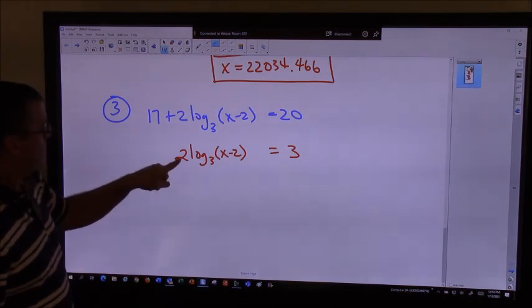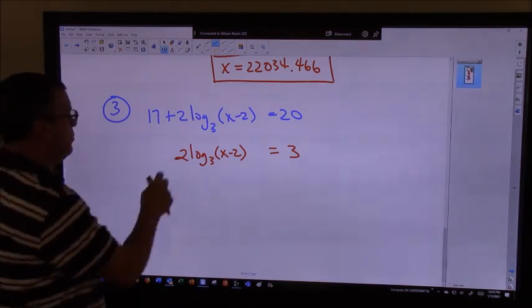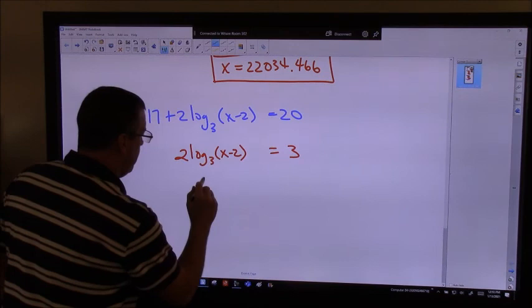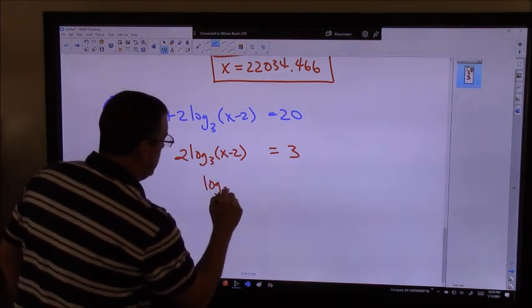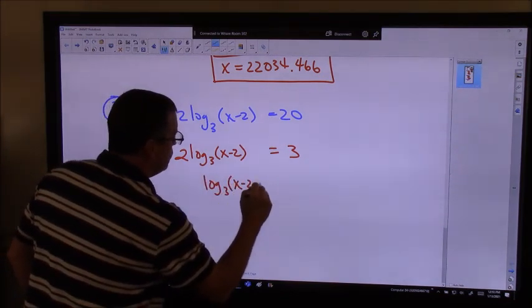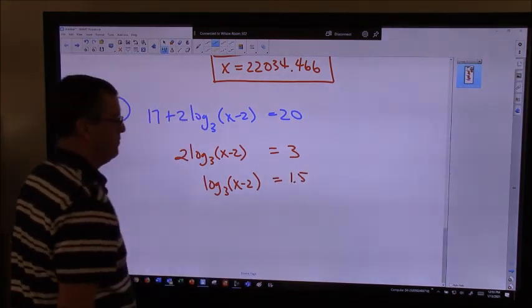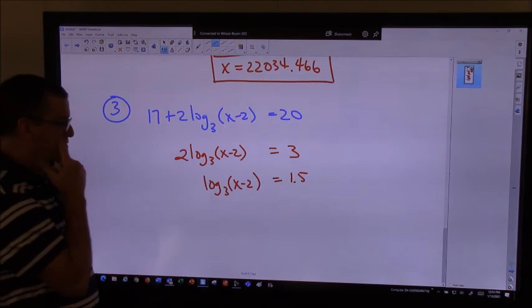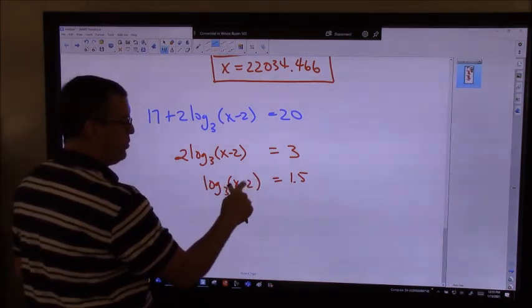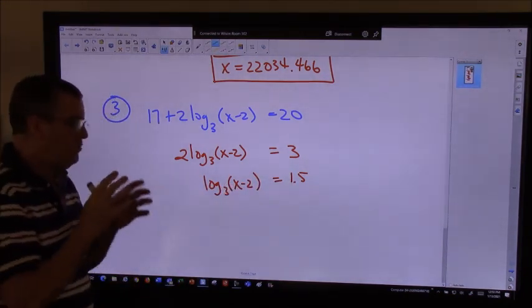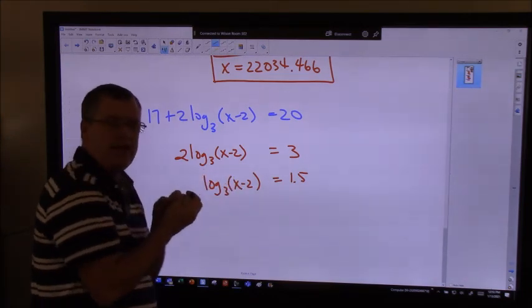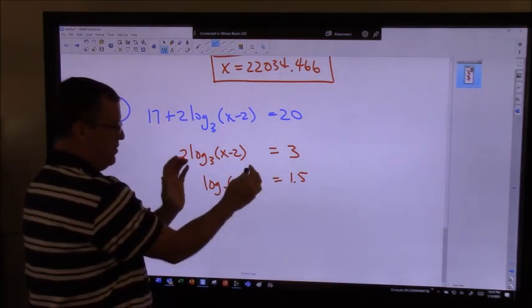All right, now I want to get rid of the 2. So I'm going to move it over and divide. So I now have log base 3 of x minus 2 equals 3/2, which is 1.5. Now I know sometimes people look at this and go, okay, now I'm going to add 2 to the other side. Well, when you do that, you're plucking that negative 2 right out of this function.